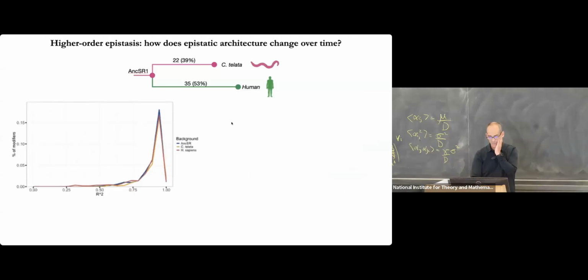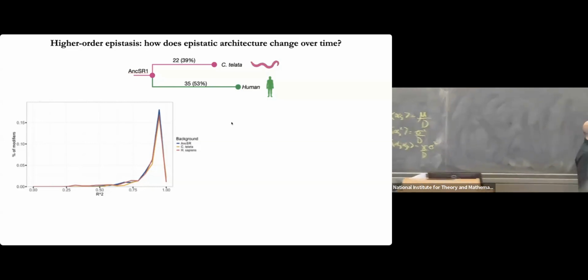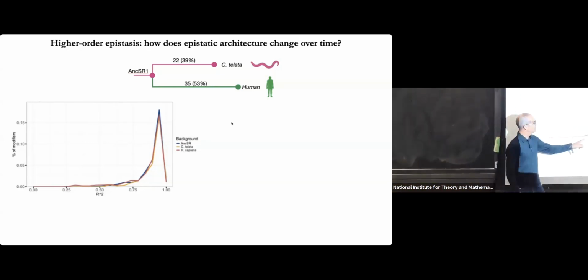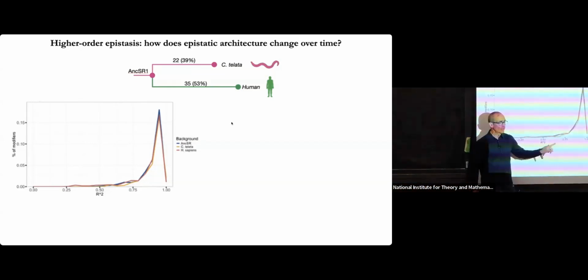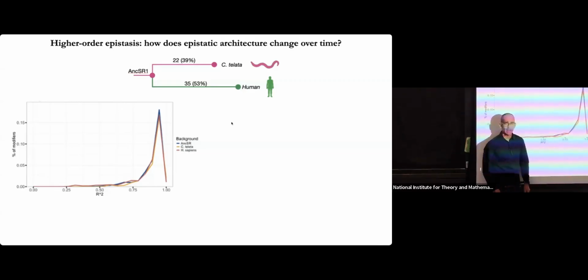All right, so let me get to the one last thing that I want to show you, which is how does epistatic architecture change over time? Do these couplings and the strength of modifiers, is that maintained across this long period of evolution? So what I've drawn here is the distribution of R squareds for the modifiers in the 3 different backgrounds.